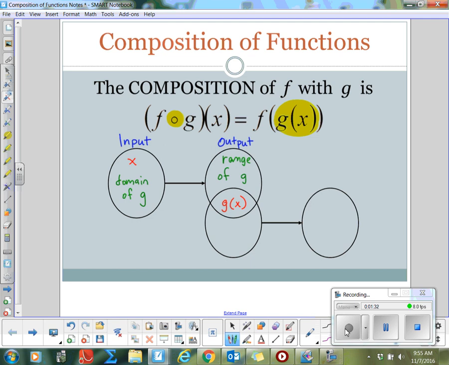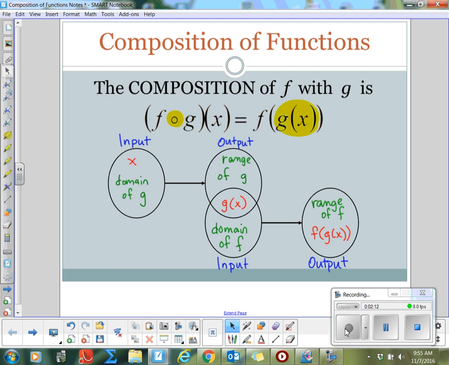Then we take that output and use it as an input for a second function. So here's where the chain of events starts to occur. Now we use g of x as an input or domain of the second function, and it will give us a final output, and the final output is the composition of two functions.